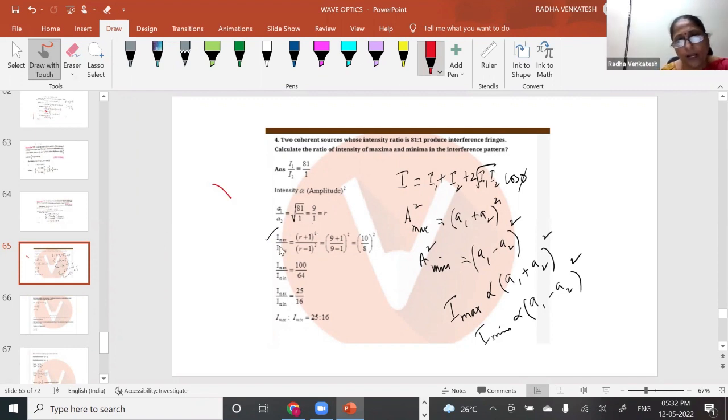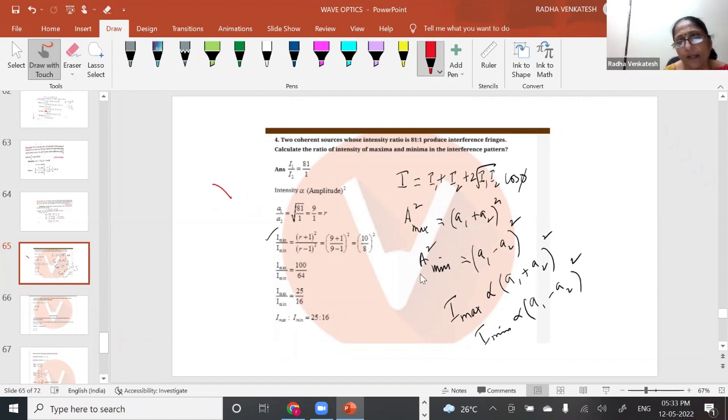But I also know I max is A1 plus A2 the whole squared, correct? But we don't have A1 and A2 individually. So what I can do here is divide this equation by A2 throughout. Then the first term becomes A1 by A2 and the next term becomes 1. Are we getting this?